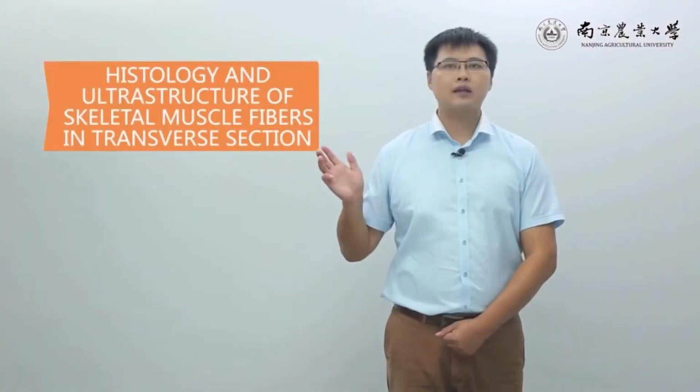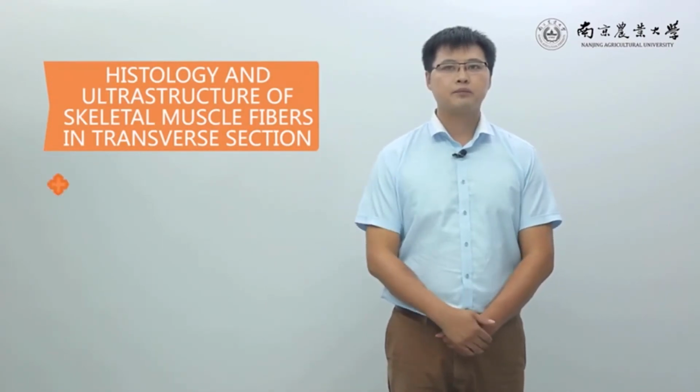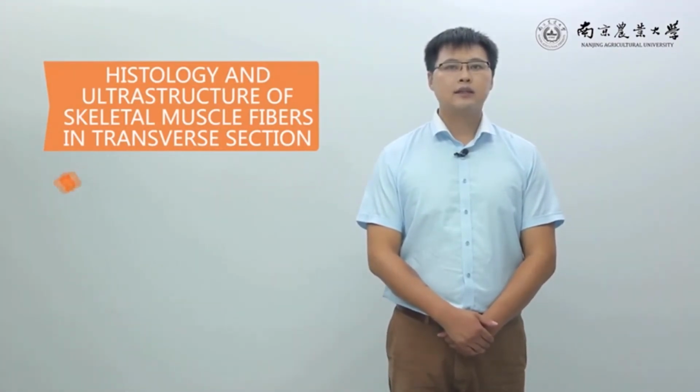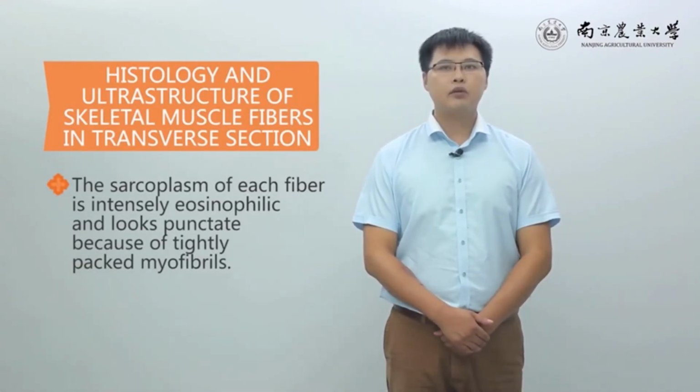The fourth part is the histology and structure of the skeletal muscle fiber in transverse section. In transverse section, stained with hematoxylin and eosin, the cytoplasm of each fiber is intensely eosinophilic and looks punctate because of tightly packed myofibrils.